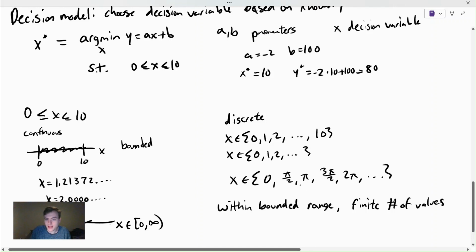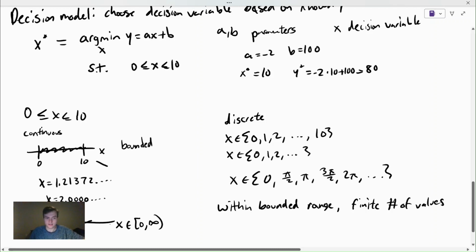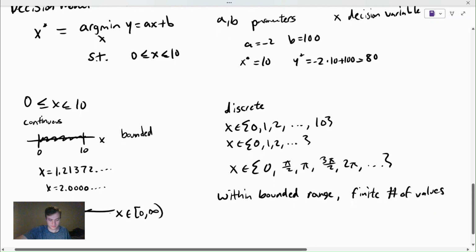Or x is between pi and 2 pi, there's exactly 3 possible values for this x. For this x, if we said it was between 10 and 20, there would be exactly 11 possible values, right? Versus for this x, if we said it was between pi and 2 pi, there'd be infinitely many values because the infinite amount of decimal places, infinite amount of precision means that there's infinite possibilities.